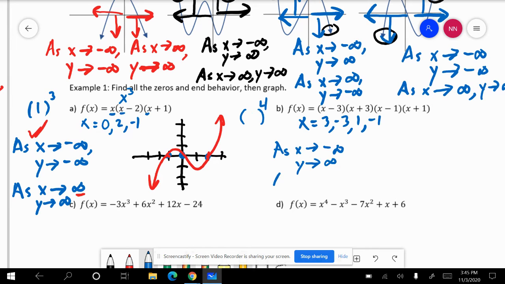Now for the other one, as x approaches infinity, that means if we plug in a positive, I'm going to use 1 because that's an easy one to raise to the 4th power. Y is a positive, so y approaches infinity.